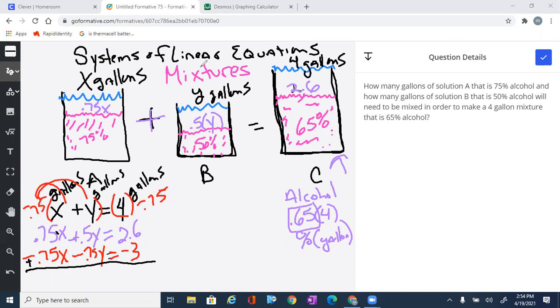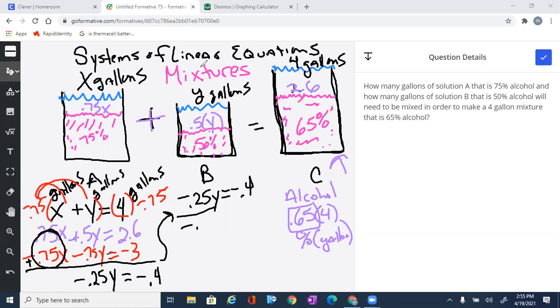Now, at this point, I'm going to do the elimination method. I'm going to add the equations together, and the x terms are going to cancel out. We're going to get negative 0.25y, and that is going to be 2.6 minus 3, which is negative 0.4. Let me bring this up here so we have a little bit more space. I am going to divide by negative 0.25 on both sides.